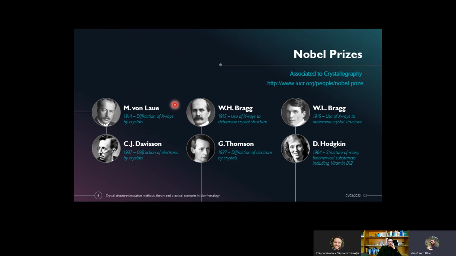Then we had some other very important people who made important discoveries and won the Nobel Prizes for them. For example, Davisson and Thomson received in 1937 the Nobel Prize for the diffraction of electrons by crystals, so electron diffraction. Dorothy Hodgkin is famous for the determination of several important crystal structures related to biochemical substances. Here I reported just one example, that is vitamin B12.